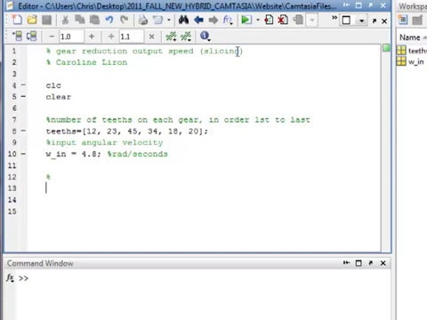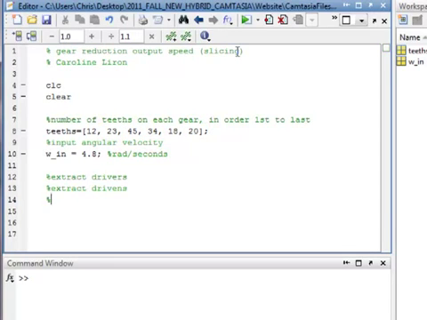Now again, try to develop an algorithm before coding random things and seeing if we're lucky. Basically, we need to extract the driver gears and extract the driven gears. We would like to extract the 12, 45, and the 18. That would be the drivers. Then we would like to extract the 23, 34, and 20. That would be the driven. We're hoping for vectors.